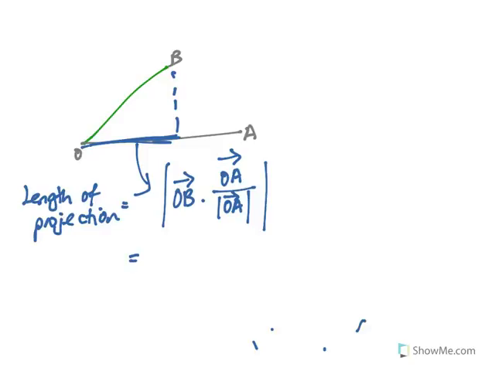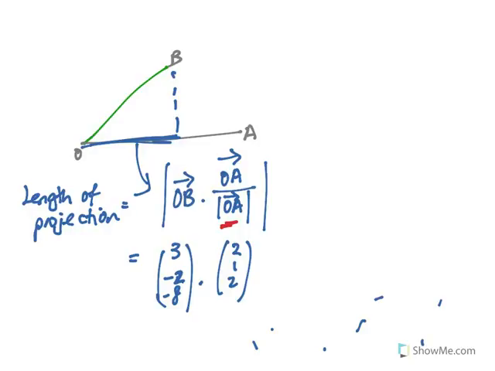What's OB? OB, as we know, would be (3, -2, p). However, we are given that p is equal to negative 8, so p will be equal to negative 8. For the scalar product with OA, OA here is (2, 1, 2). For the magnitude, we can put it outside, so we write it as 1 over 3 times (2, 1, 2).